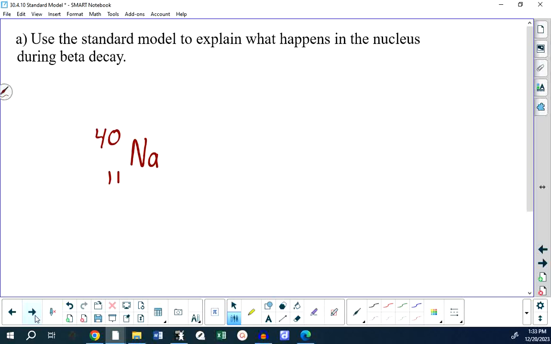If this undergoes beta decay, oh boy, did I ever make a huge blunder earlier? I don't know where it was. It might have been when we were going over some problems. But I wrote for a positron. Can't believe I did this. I wrote somewhere for a positron. I think it was when we were going over yesterday's problems.